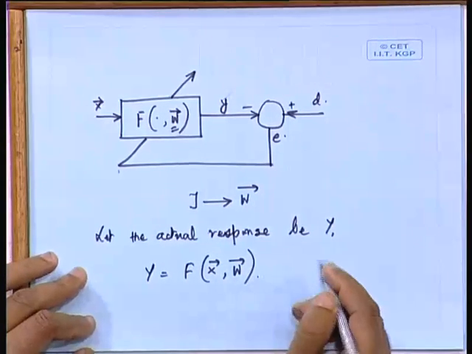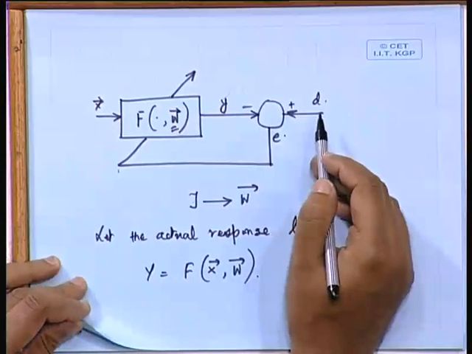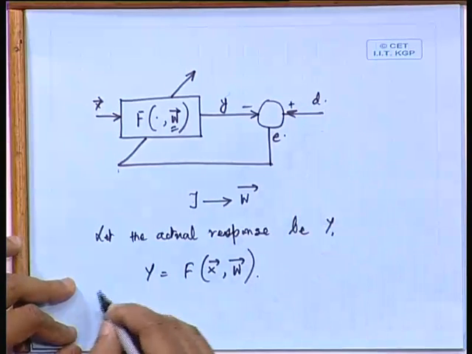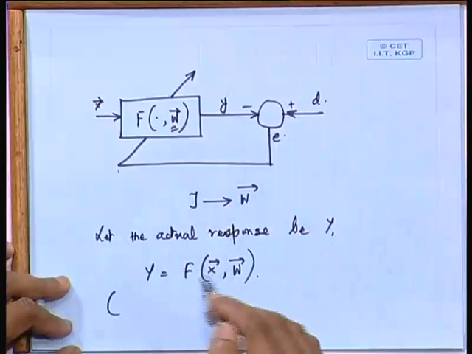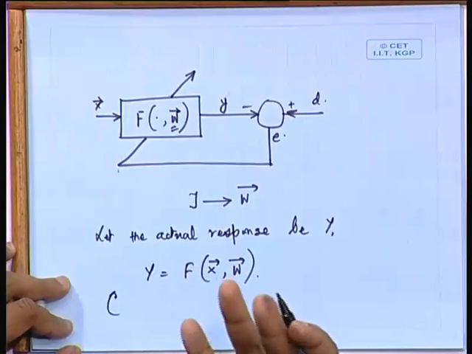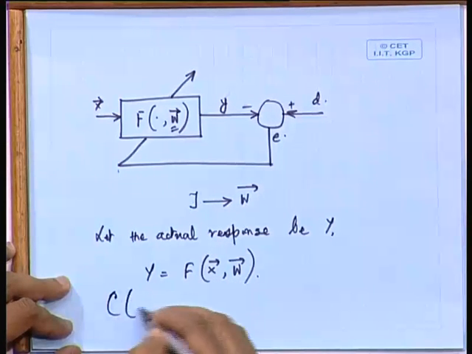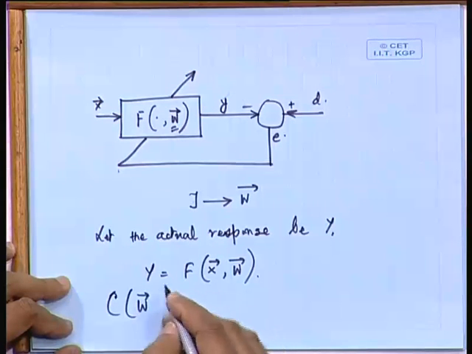We already have d as the desired response. So we can calculate the deviation between the desired and the actual, and in fact, I think in our first one or two lectures we found the sum of the squared errors.